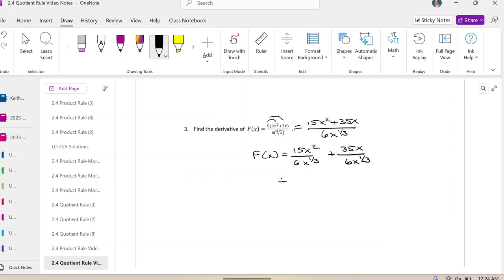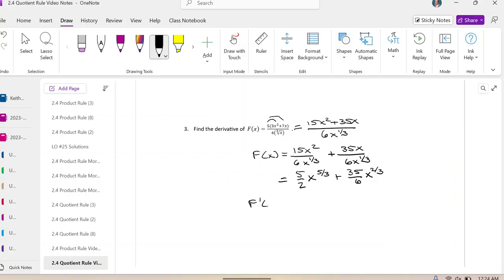And let's simplify them. So 15 over 6 is 5 over 2. 2 minus 1/3 is 5/3 with the exponent. 35 over 6 does not simplify, but 1 minus 1/3 is 2/3.